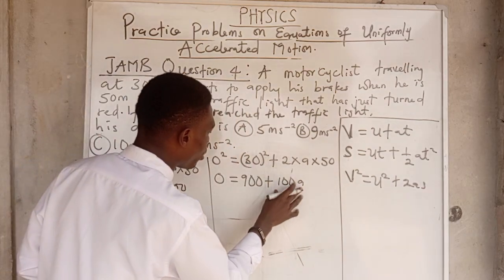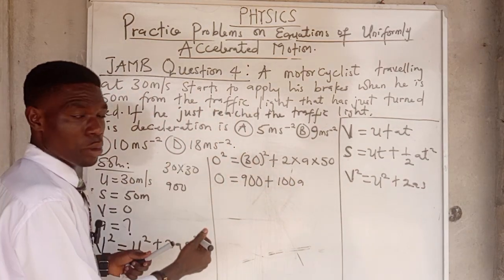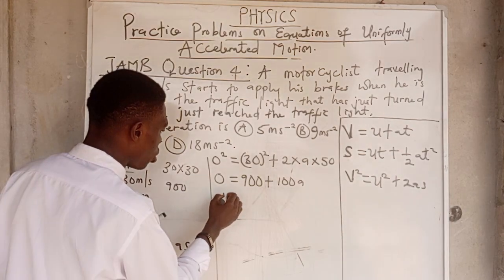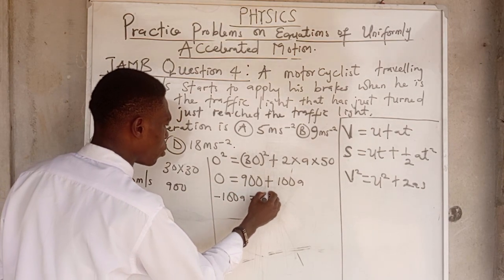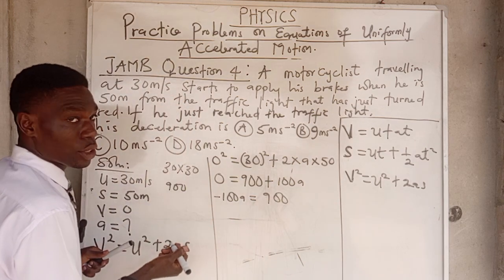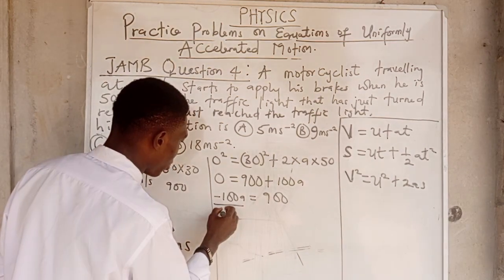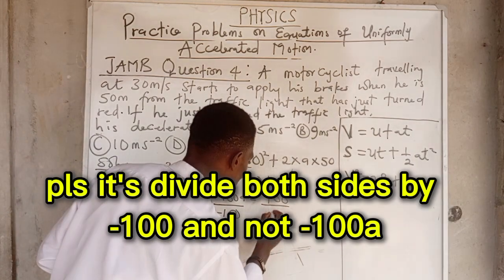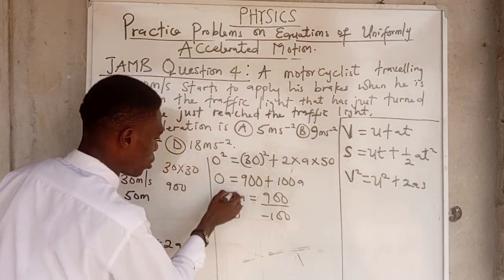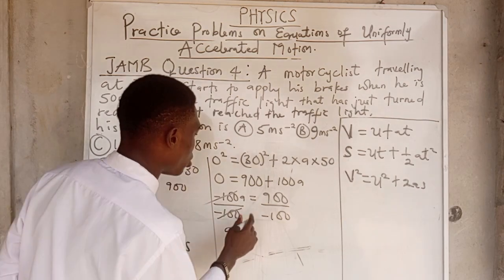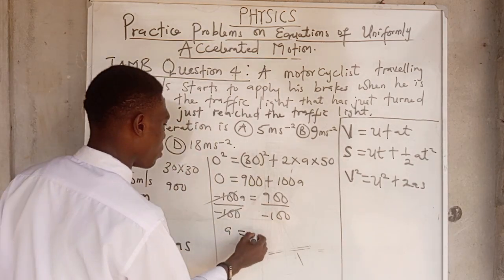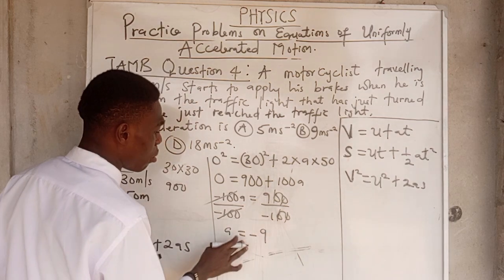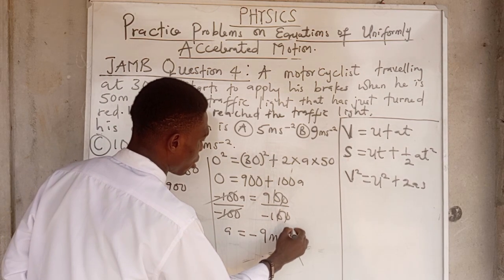Now we're going to move 100a to the other side to collect like terms. Are we following? To move it over, it becomes negative, so we have minus 100a is equal to 900. We divide both sides by minus 100, the coefficient of a. This cancels off, and then we have a equal to plus divided by minus is minus, so these zeros cancel out, and we have minus 9 meters per second squared.